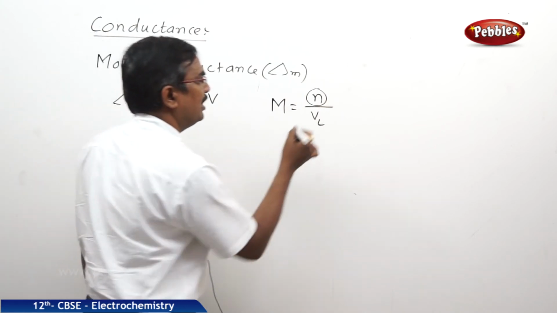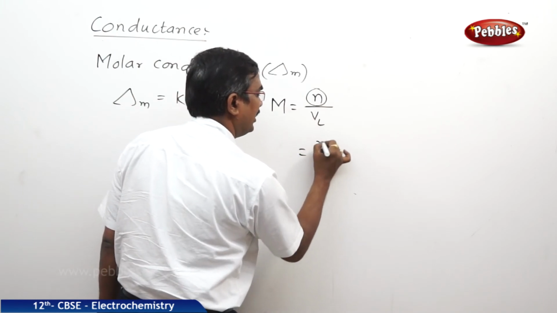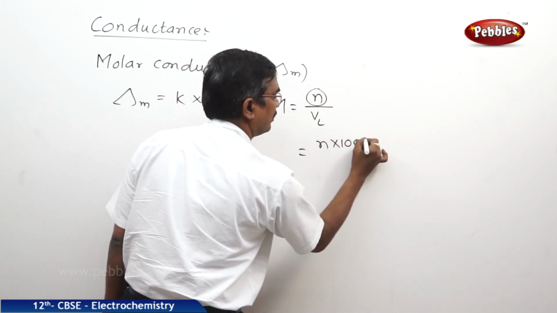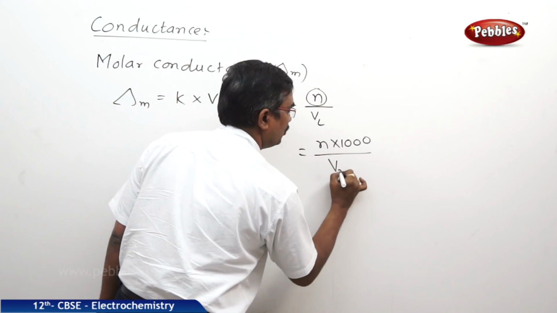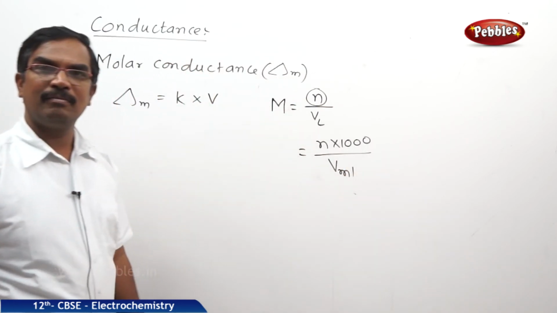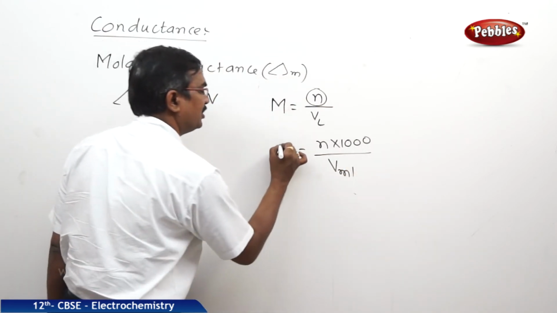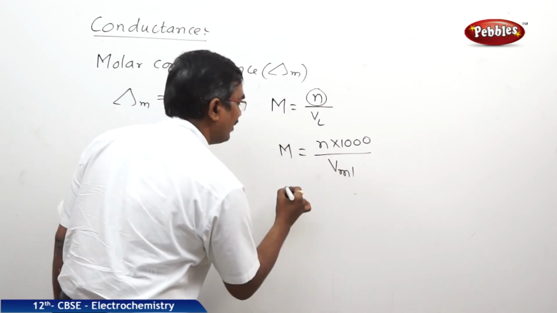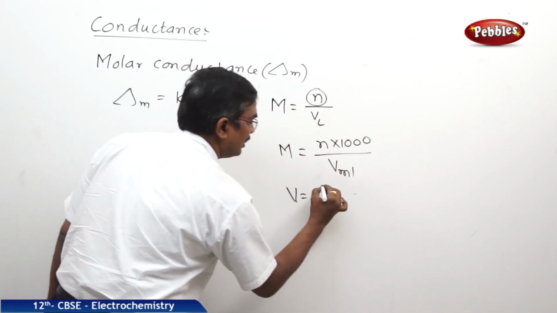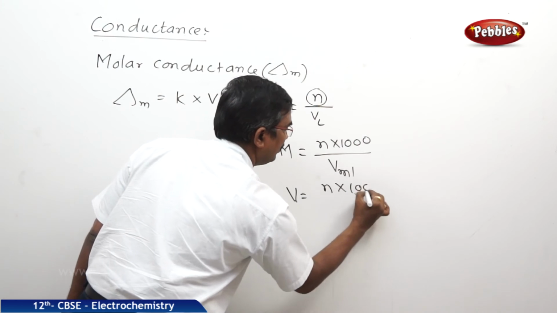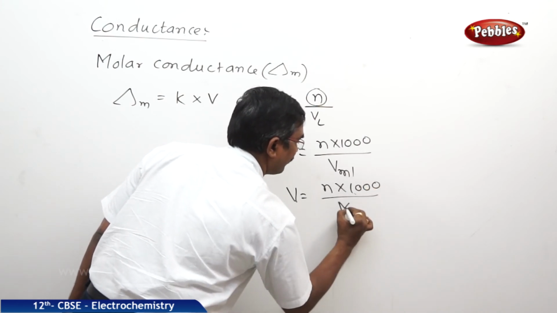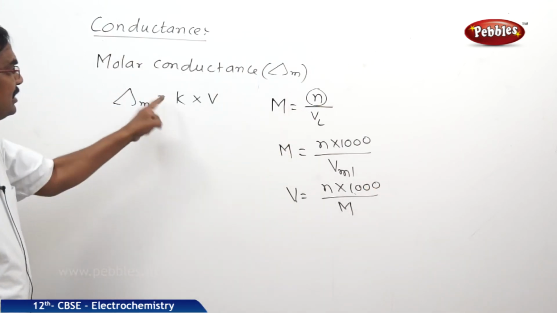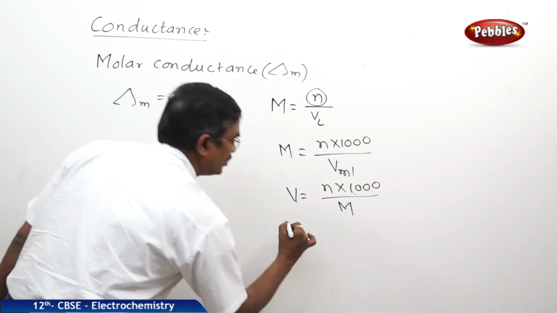At the same time, we can also modify the expression as N into 1000 divided by volume of solution in ml. So how to get the V value here? V is N into 1000 divided by the molarity of the solution. As per this definition, the value of N is equal to 1.